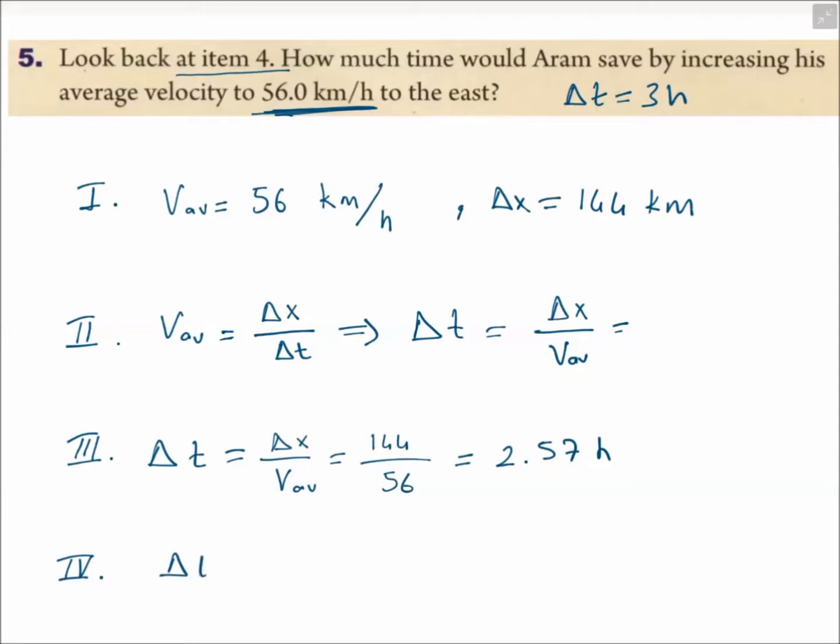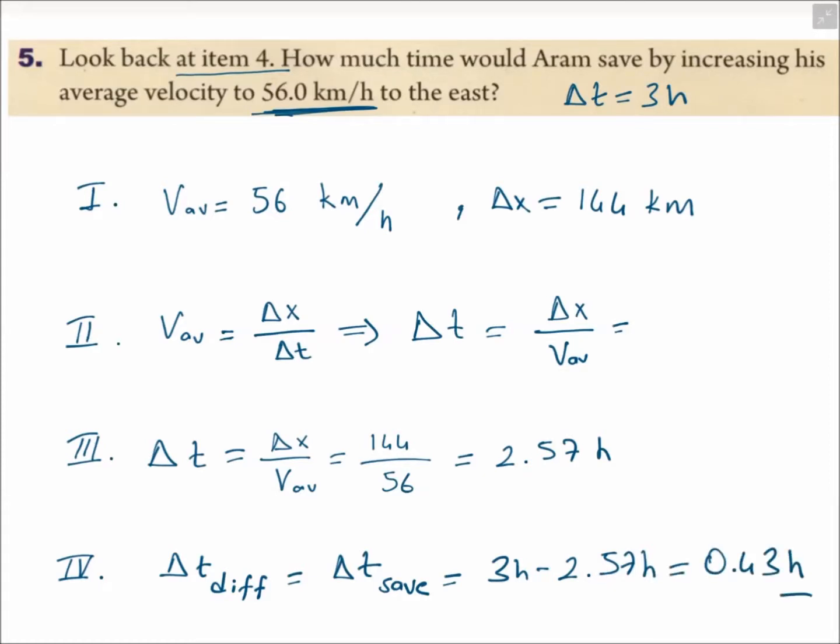So now I'm going to calculate the delta t difference, or delta t save. It's going to be 3 hours minus 2.57 hour, and it's going to be 0.43 hour.